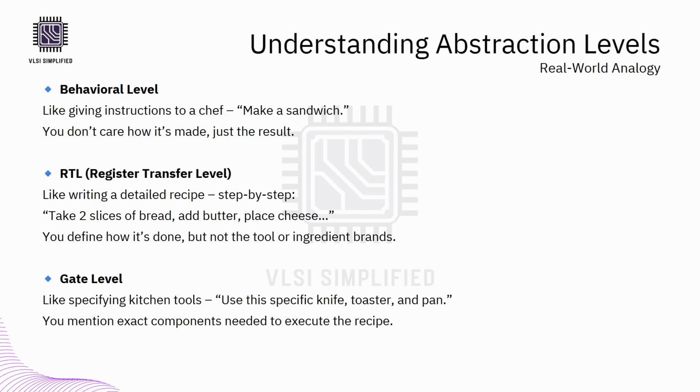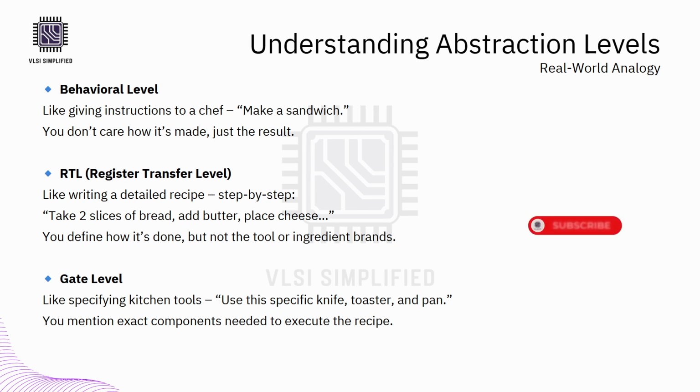Let's make this more relatable with a simple analogy, making a sandwich. The behavioral level is like telling someone to make a sandwich. You don't tell them how to do it, you just tell them the desired outcome. In RTL, you give them a step-by-step recipe. You specify the steps involved, what goes where and in what order. But you are not giving the exact tools or brands.